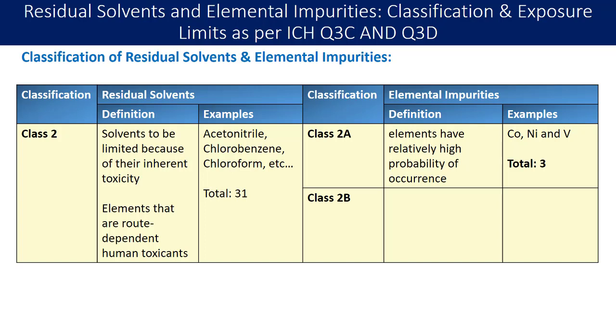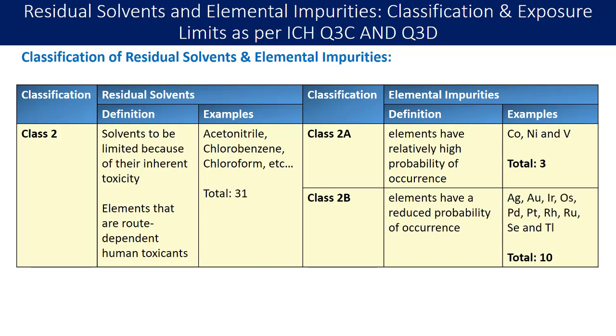These elements have a relatively high probability of occurrence, meaning they are probably abundant in nature. So these elements are classified under class 2A, and there are three elements mentioned in the guideline: cobalt, nickel and vanadium. When you look at class 2B, these are the elements which have a reduced probability of occurrence in the environment, and there are a total of 10 elements classified under class 2B.